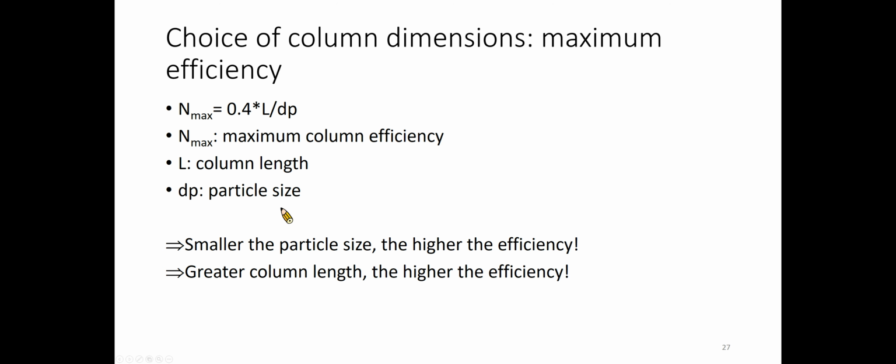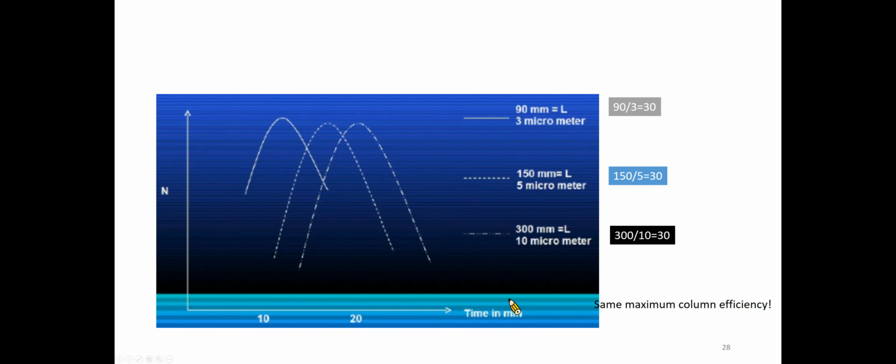On the other hand, the longer the column, the higher the maximum column efficiency. This figure shows that different column dimensions may have the same maximum column efficiency, while the smaller the particle size and the column length, the shorter the total runtime.